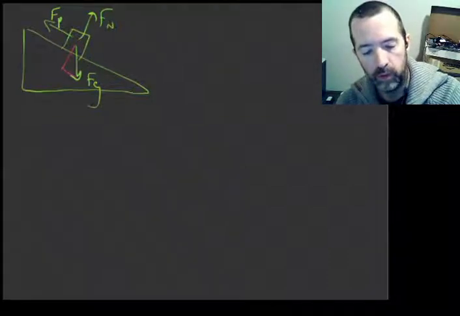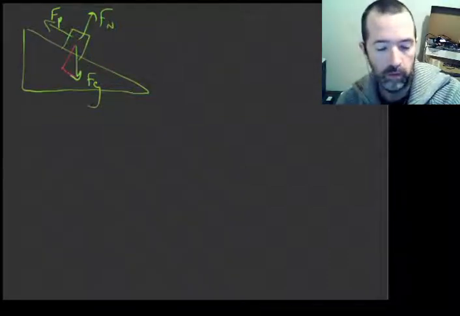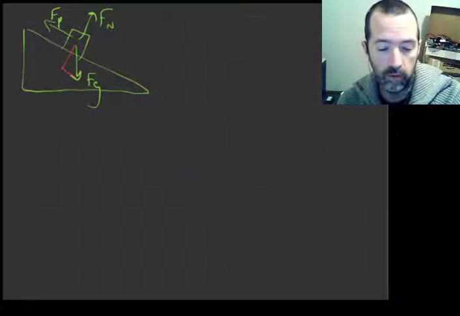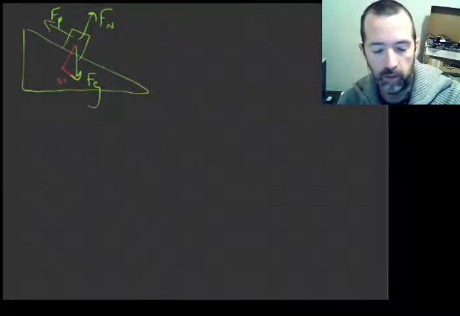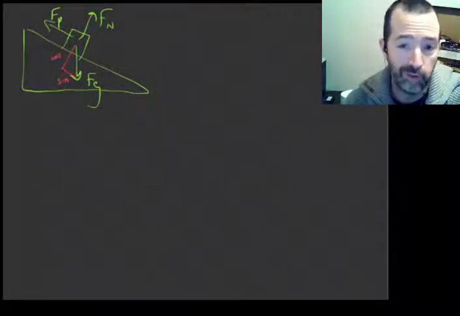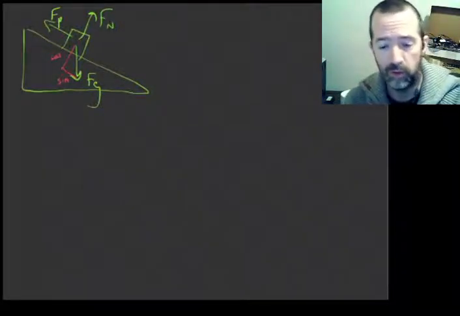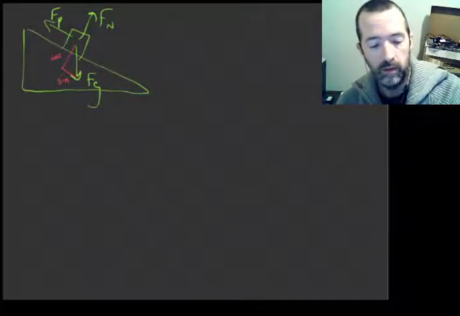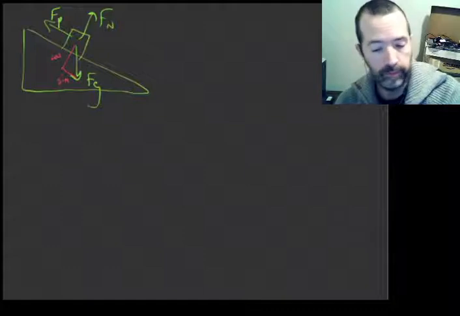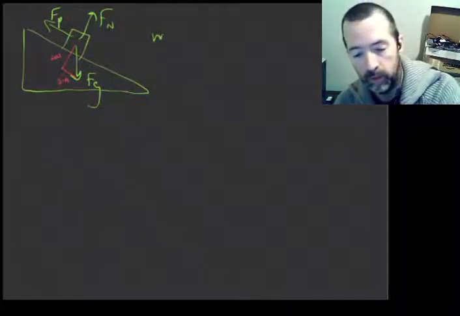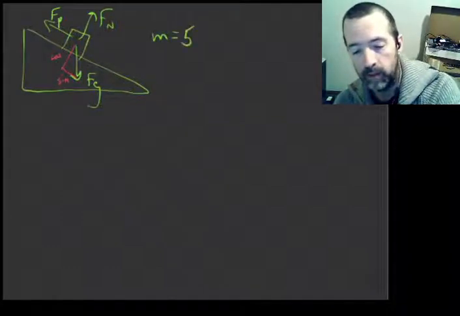Still need those components. I'm going to use some shorthand here, so the parallel part is the sine part, and the perpendicular part is the cosine. And let's put some numbers on it. Students like numbers, right? Let's say the mass is 50 kilograms.